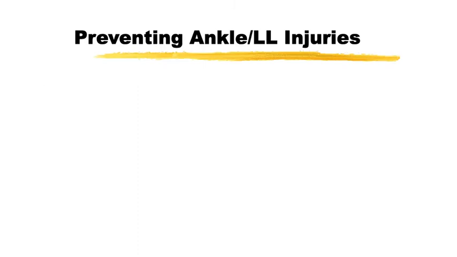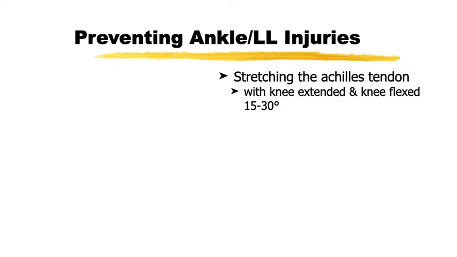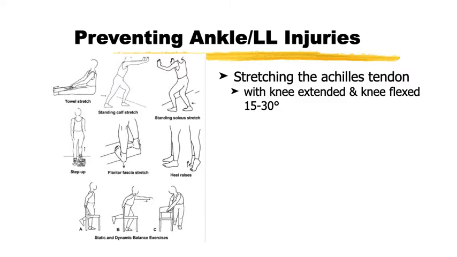First, let's talk about how we can prevent ankle and lower leg injuries. First thing is very important: stretching the Achilles tendon. It's good to stretch it both with the knee extended and the knee flexed 15 to 30 degrees.